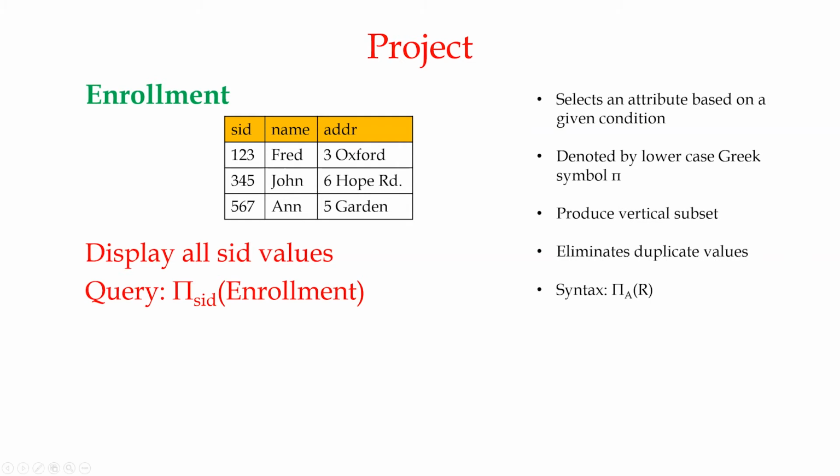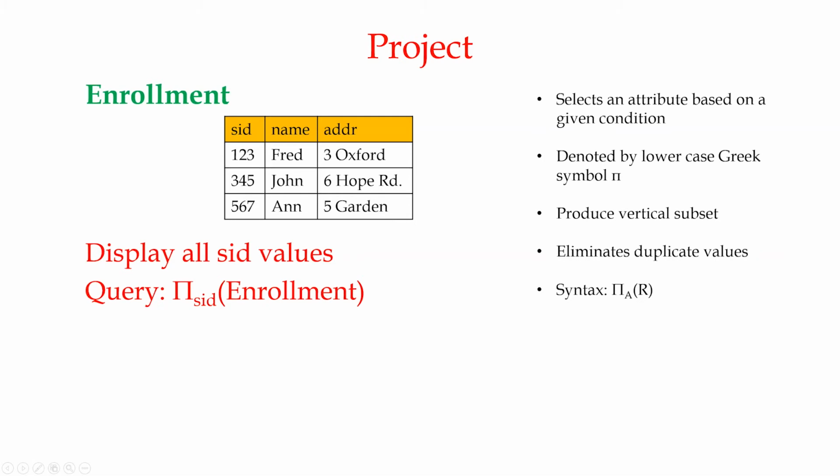Next one is project. The project operation selects an attribute based on a given condition. It is denoted by the lowercase Greek symbol pi, and it produces a vertical subset. It is used for eliminating duplicate values. The syntax is pi A of R, where A is the set of attributes.